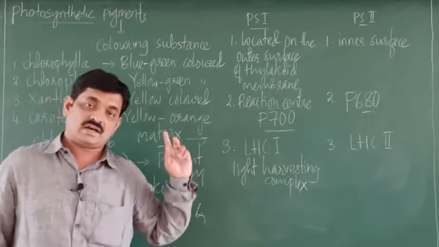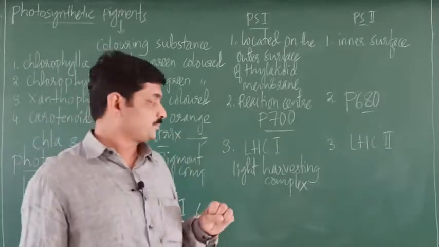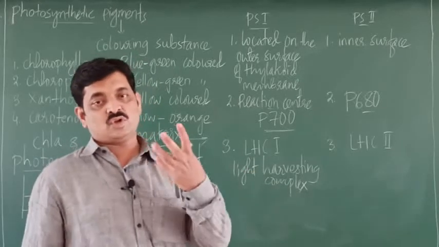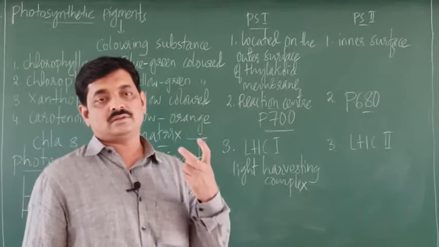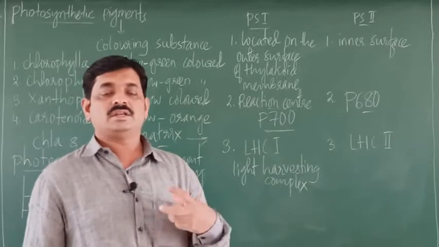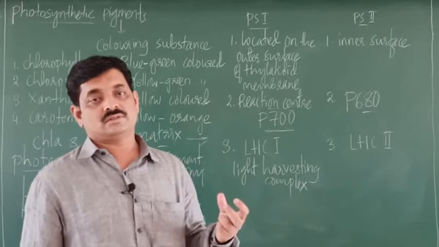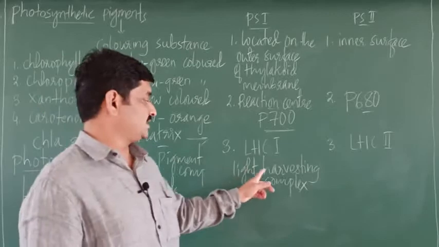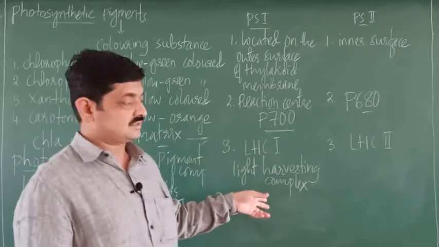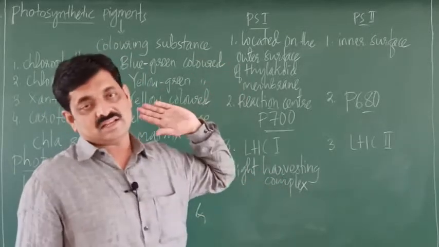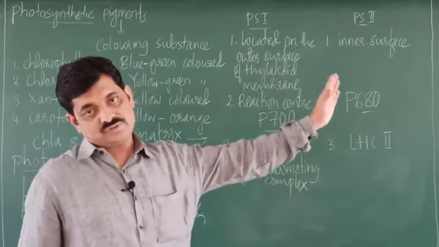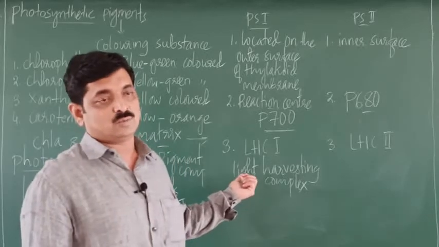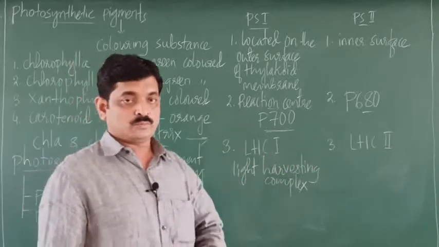The meaning of light harvesting complex is that it absorbs and uses the sunlight for photosynthesis. Since it absorbs and utilizes sunlight for photosynthesis, it is called light harvesting complex, right? So photosystem 1 has a light harvesting complex. Photosystem 2 also has a light harvesting complex. Here it is called LHC1, there it is called LHC2.